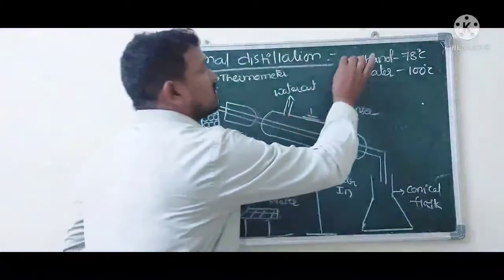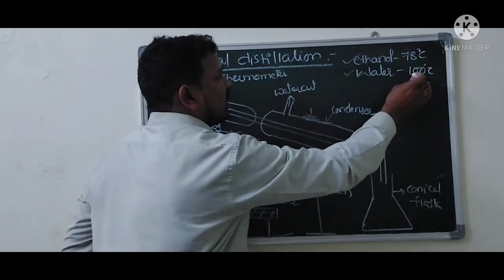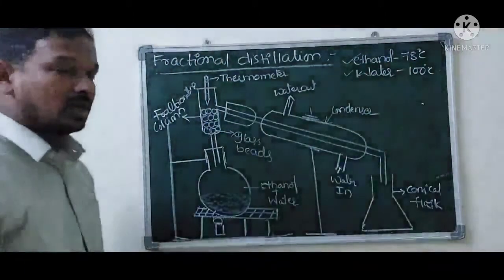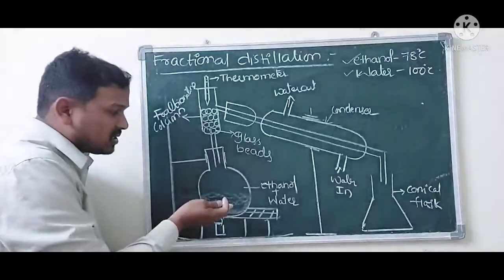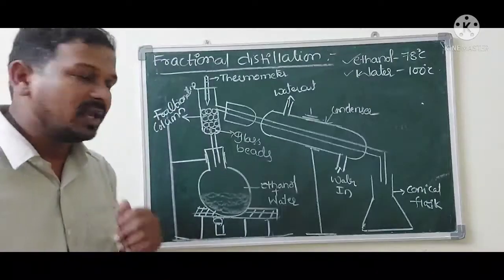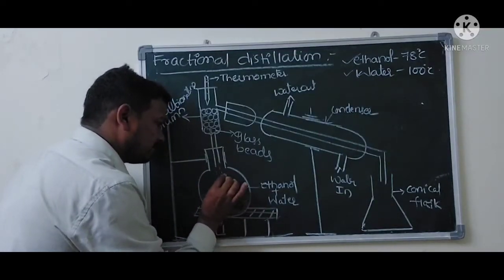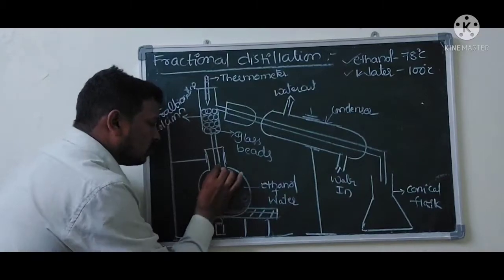Here ethanol has a boiling point of 78 degrees Celsius, whereas water has a boiling point of 100 degrees Celsius. So when the solution reaches 78 degrees Celsius, what will happen? Initially ethanol will start to come up as vapors.